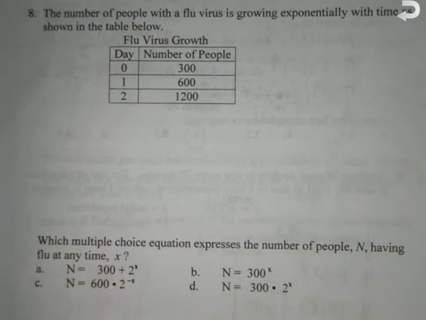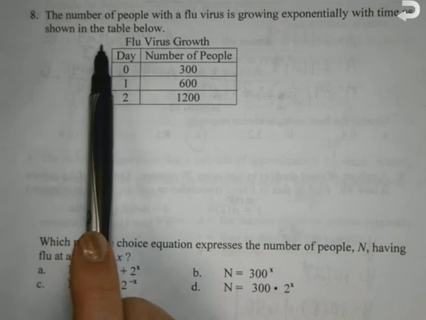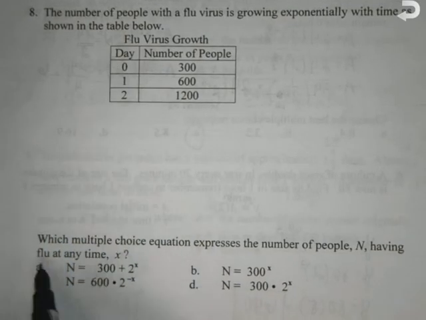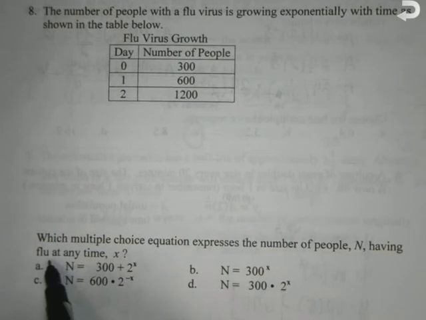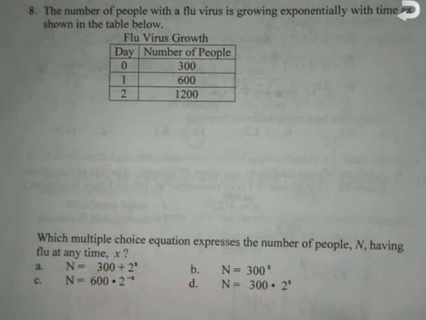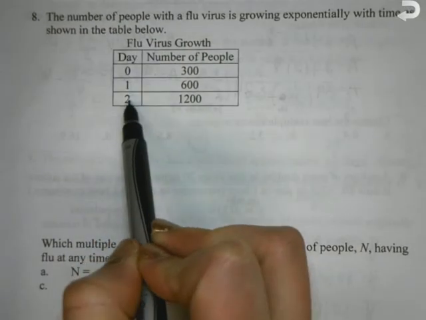So what we're looking for here is, if we're growing exponentially with time, these are going to be our exponents. But we don't know what that base to the exponent is. Notice how in our growth problems we always have a base of something. The exponent here is time. They give us the time: 0 days, 1 day, 2 days. But we don't know what that base is.